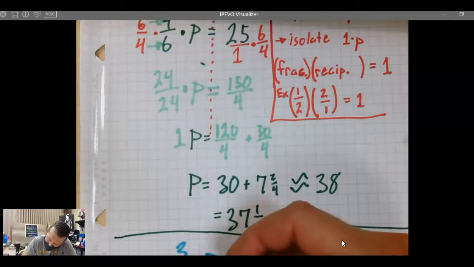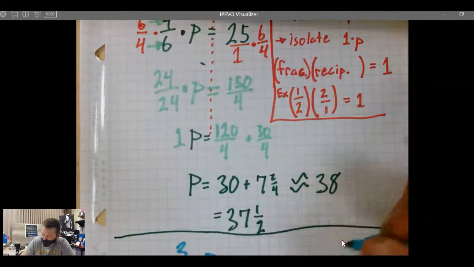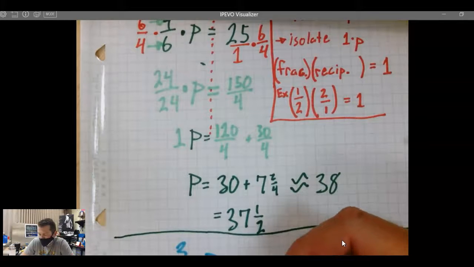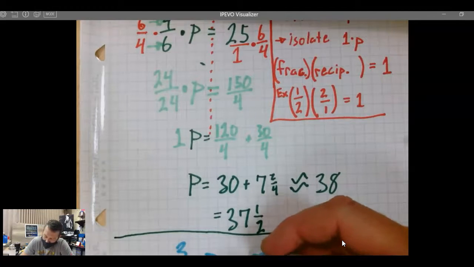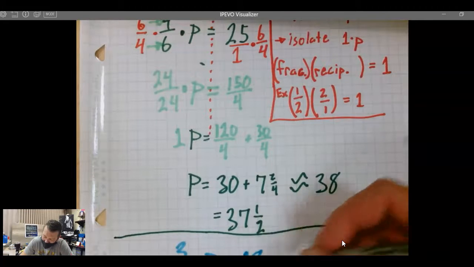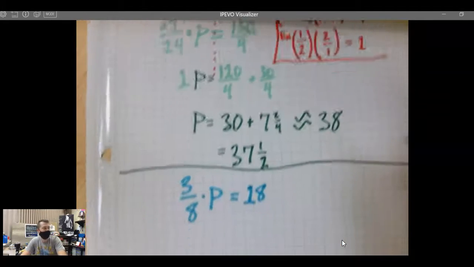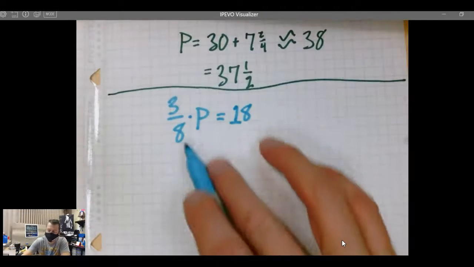We'll just go ahead and use P since we were using P. P equals... You know what? I'll do 18. There's a reason. Trust me on this. If 3/8 of P is 18, what is all of P?